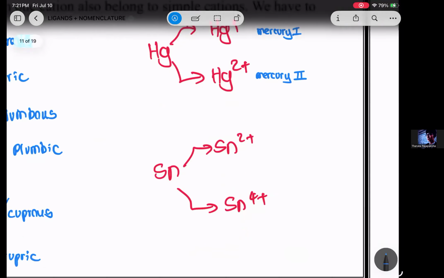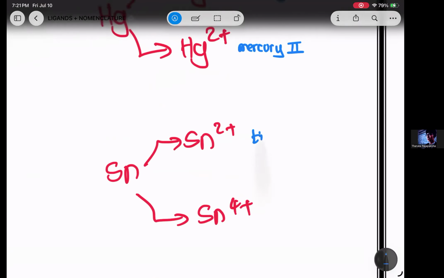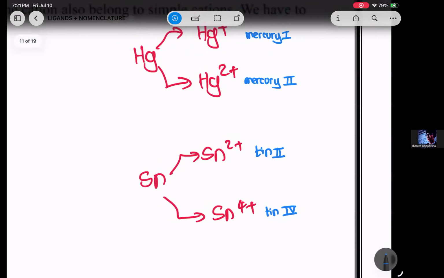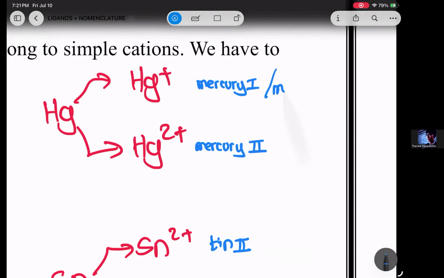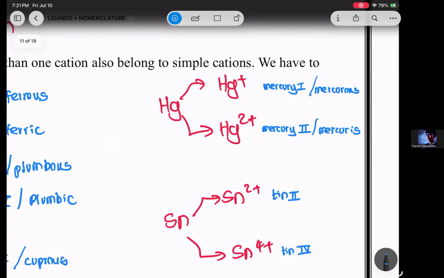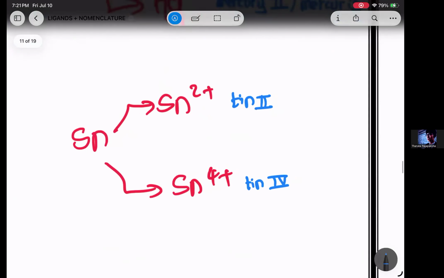This is tin 2, tin 4. This is called mercurous, and this is mercuric. Tin 2 plus, you have stannous.